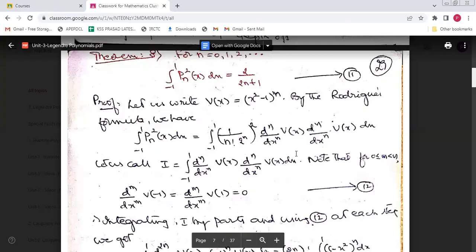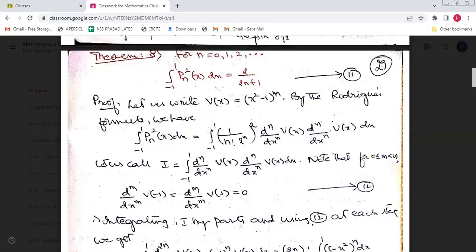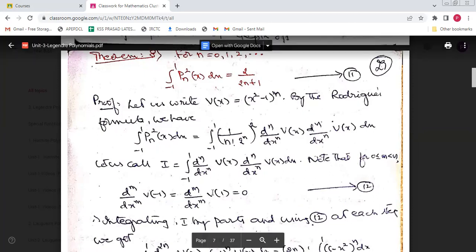If m is smaller than n, then we have seen the derivative at x equal to 1 or minus 1 automatically becomes 0, because in these two terms we get 1 minus x square. When x is equal to 1 or x equal to -1, the value is going to become 0. So this is how there is so much behind writing from this step to this step.